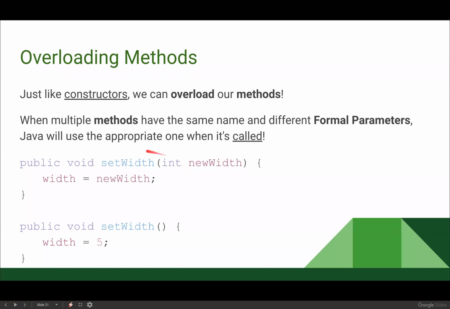So if I call my rect.setWidth and pass one value, it will call this method. And if I call setWidth and pass it 0 values, it will run this setWidth method. So just like when we made different constructors for different scenarios, we can do the exact same thing with our methods. Cool? Make sense?